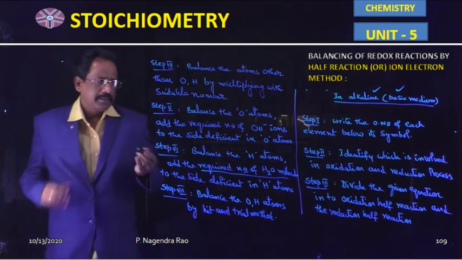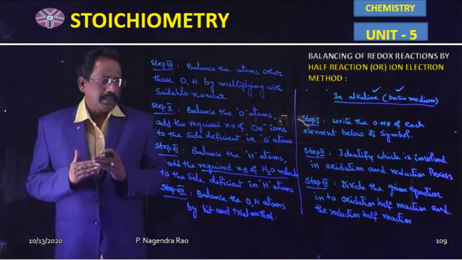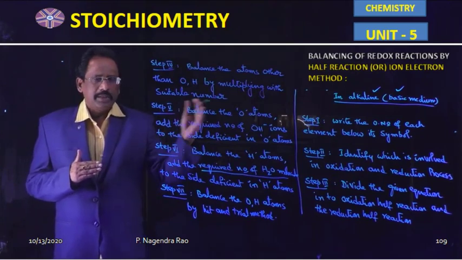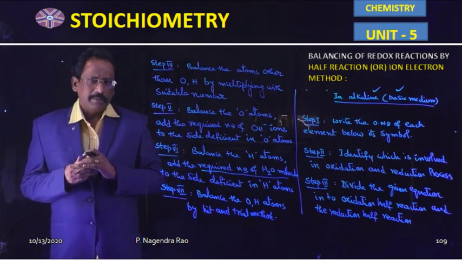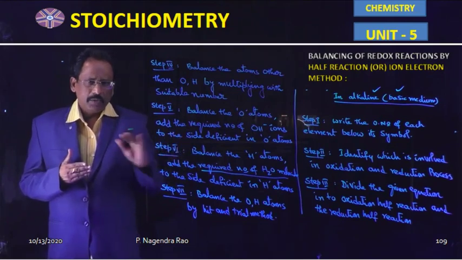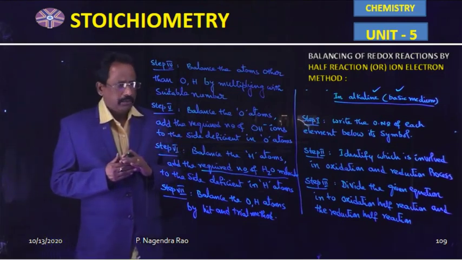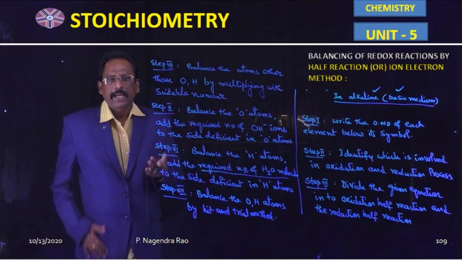Multiply a suitable number with OH minus ions. After that, both oxygen and hydrogen atoms are balanced.